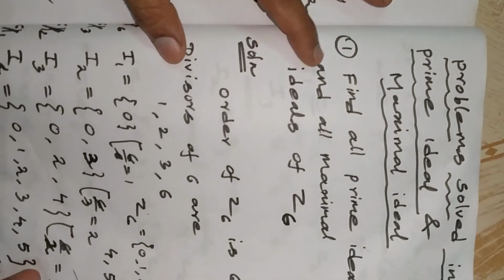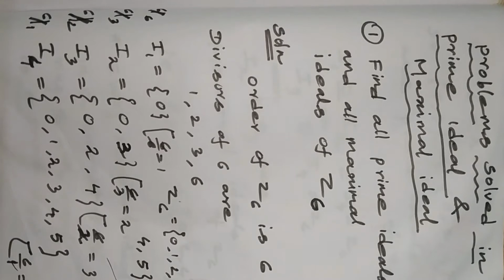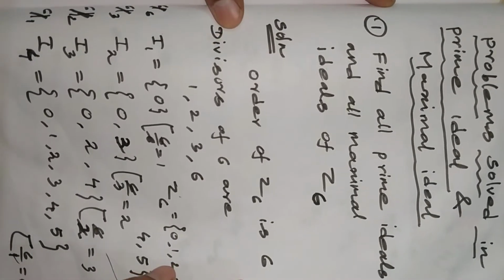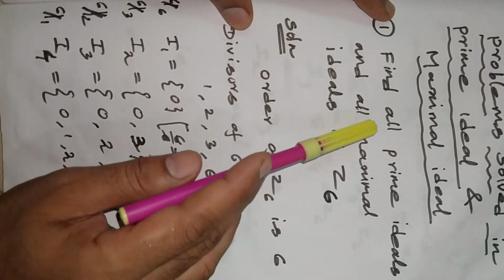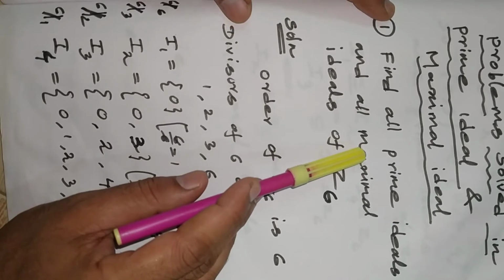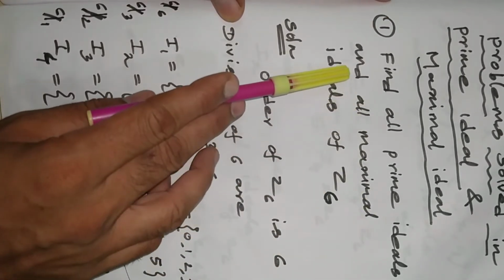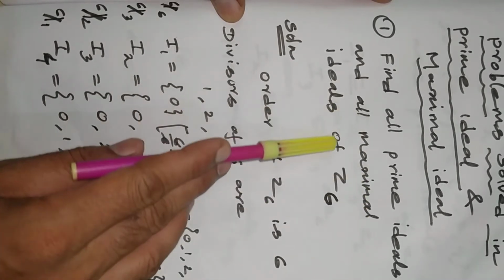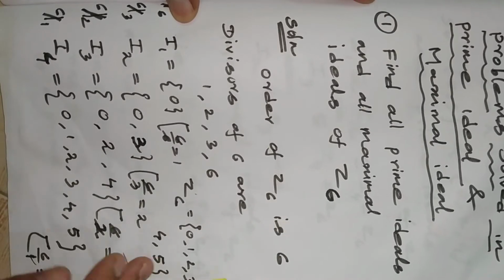So next, problems solved on prime ideals and maximal ideals. The first problem: find all prime ideals and all maximal ideals of Z6.